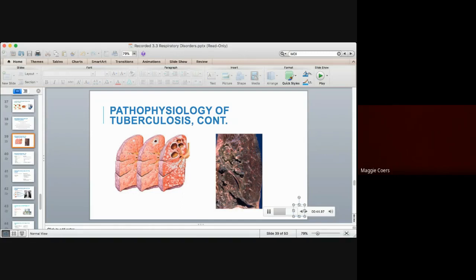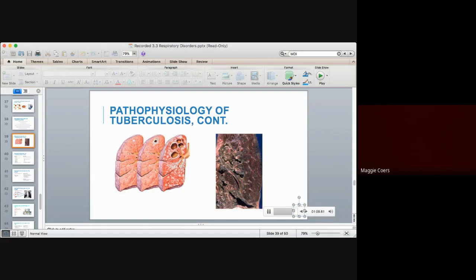As the granulomas are getting bigger, they start to invade the local tissue and the blood vessels, and those blood vessels start to tear. And that's what leads to that bloody sputum or that coughing up of blood, which is really a hallmark sign of tuberculosis. It's because the granuloma has broken open a bunch of blood vessels in the lungs.